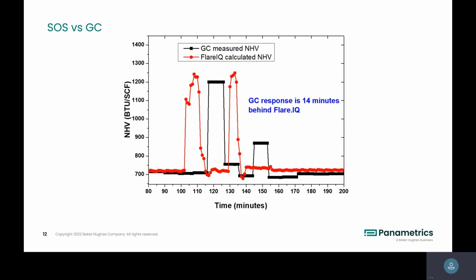Of course, you will see a slight difference in the sound speed compared with GC, because if you know how GC works, it has a long sample system, a sample prep system. All of that acts as a smoothing filter. That's why you see the second peak is slightly smaller but wider.